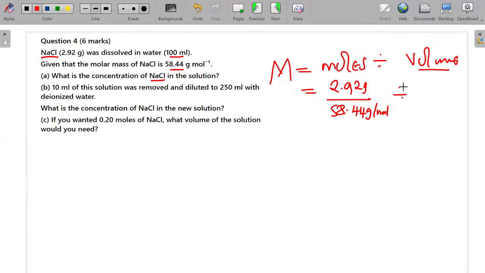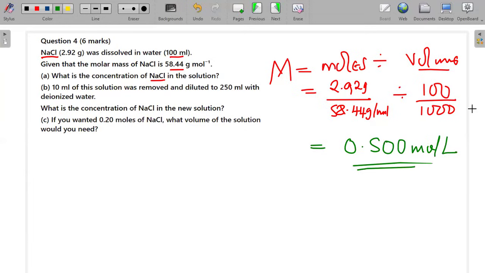And then this we're dividing with the volume. So 100 mils, we divide it by 1,000 to make it liters. Then we can punch this onto the calculator to get our molarity or concentration. My concentration is simply 0.500 moles per liter.